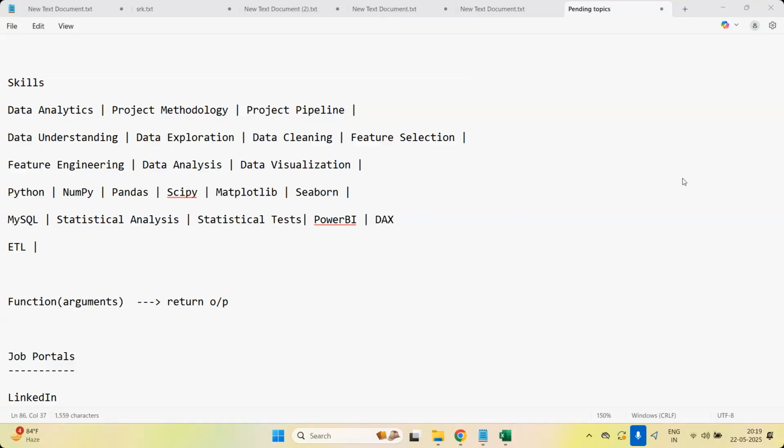Online, how many? 10. Total overall 50 students. Out of these 50 students, how many are ready? 5 are ready. How many are not ready? 45 are not ready. Means 10% of the people are ready, 90% are not ready. Reality is this.